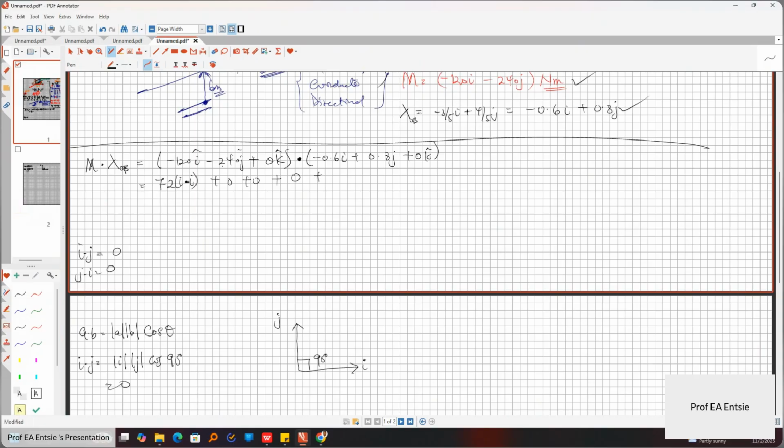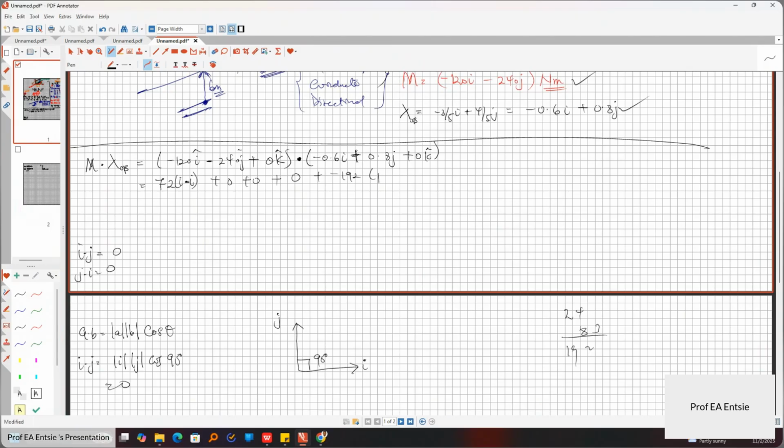It will be only negative 240J times 0.8J. If I dot these two, I'll get 24 times 8, which is 192. It will be negative because this is negative and this is positive.